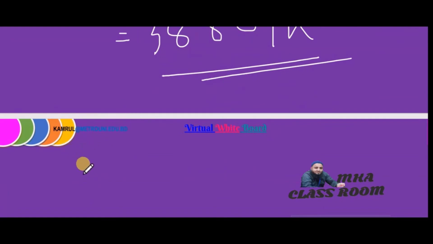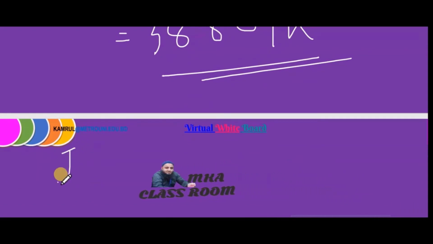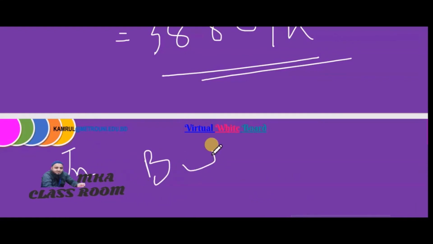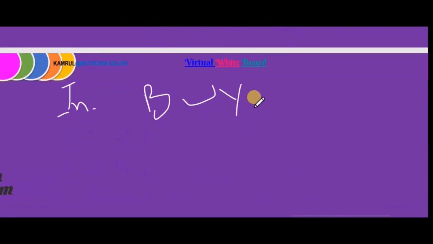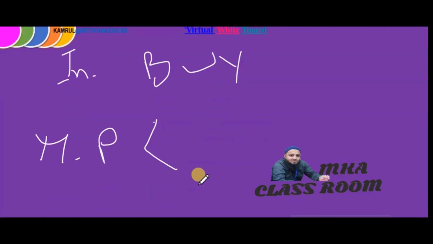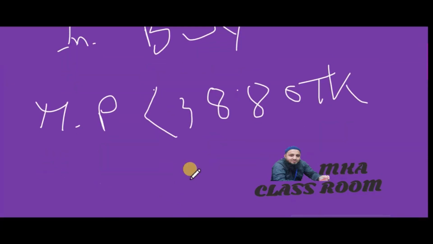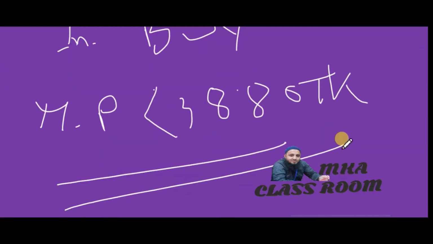This investor will purchase this share only when its market price is below this amount, 38.80 taka. If the market price is lower than this value, then this share will be purchased by the investor.